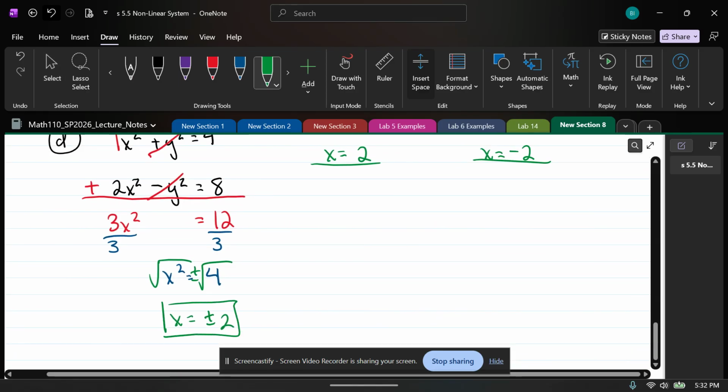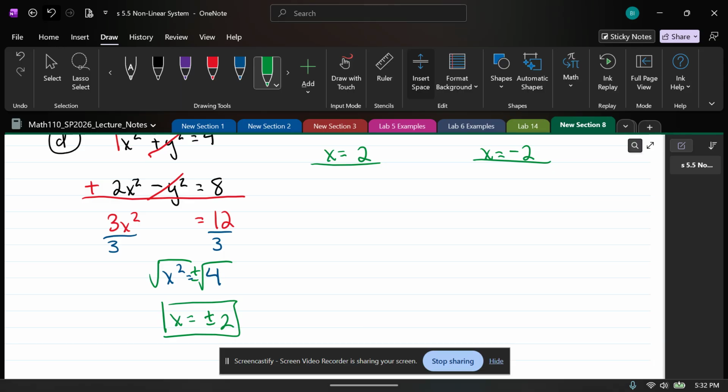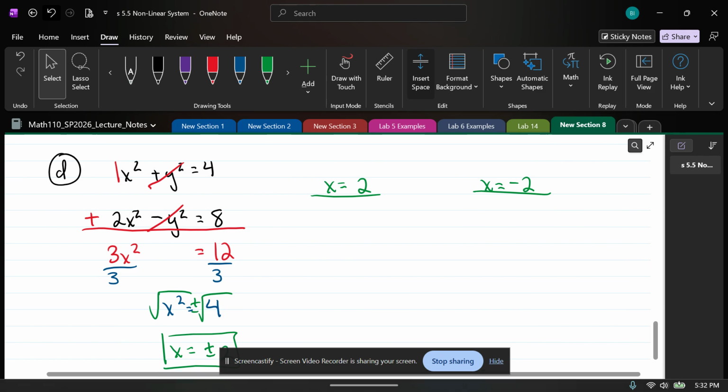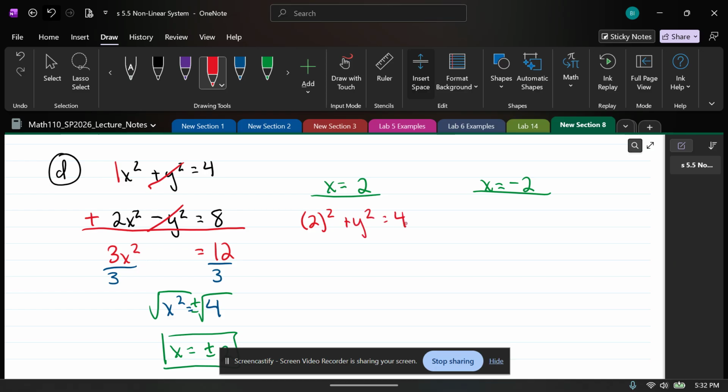Now I got to get two different answers for y. So I'm going to take that and plug it into one of those equations. It doesn't matter which one. You pick your favorite. I'm going to pick the first one because it's got less work to do. It has ones in front of x squared and y squared, so that's less work. So I'm going to plug in the 2 in for x there. 2 squared plus y squared is equal to 4.